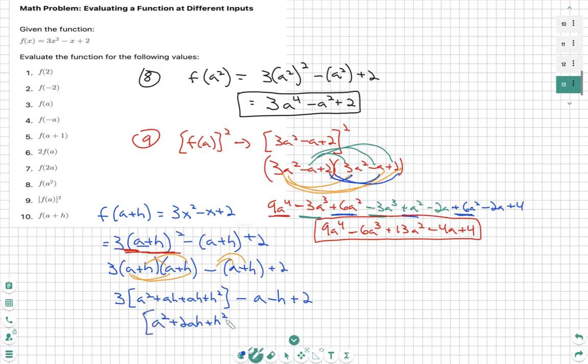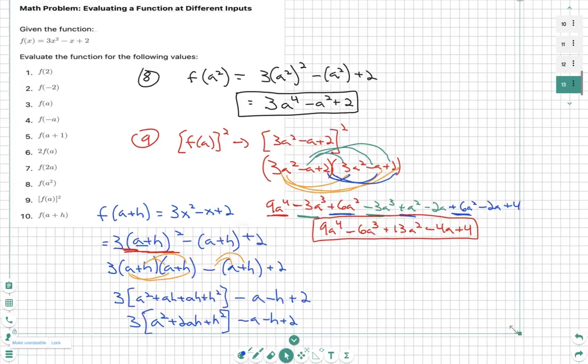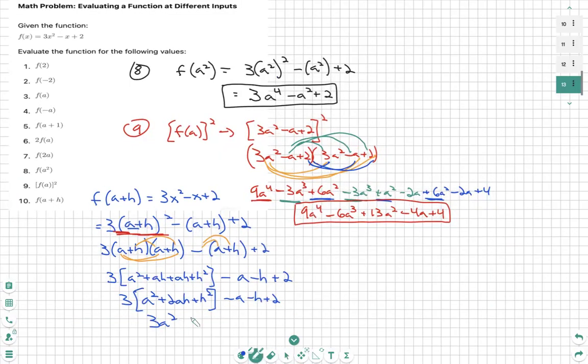Beautiful. Okay, then we have a 3 on the outside minus a minus h plus 2. The last thing we need to do is distribute and combine 3a squared plus 6ah plus 3h squared minus a minus h plus 2.